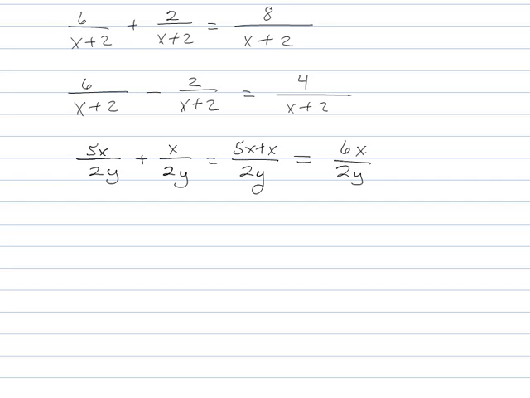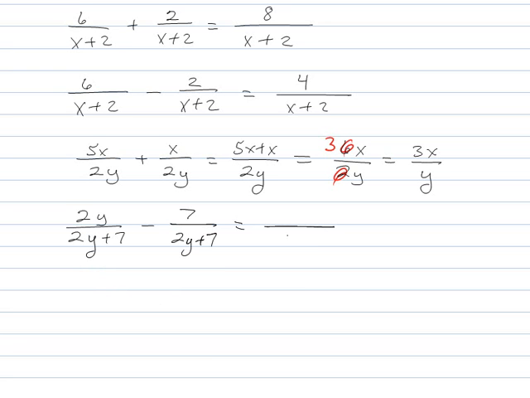6x. Okay. Now I can do some simplification. I can say 6 divided by 2 is 3. So that gives me 3x over y. Okay, and let's do another one. Let's try 2y plus 7, minus 7, over 2y plus 7.